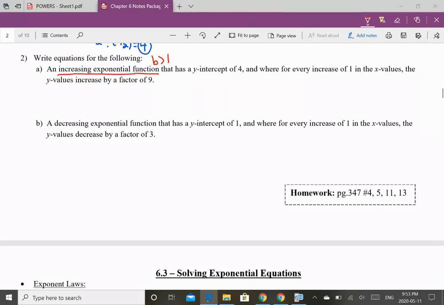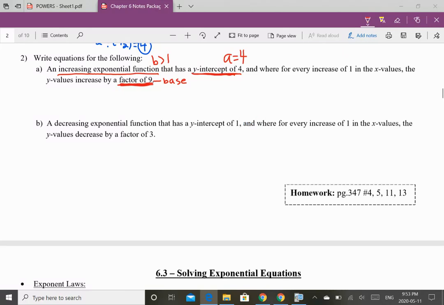It has a y-intercept of 4, so a is 4. For every increase of 1 in the x values, the y values increase by a factor of 9, which means if I divide my consecutive terms, every single time I get 9. There is our base.